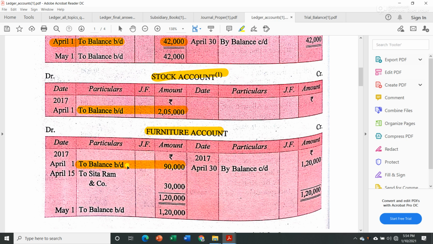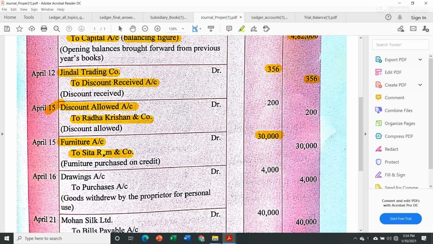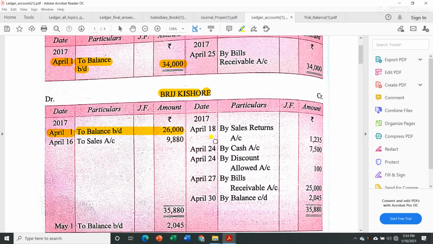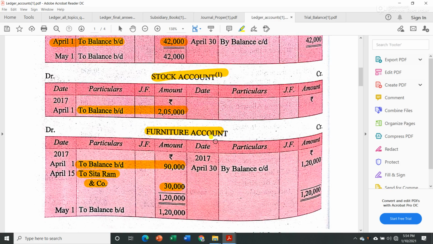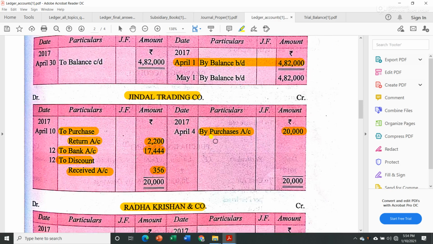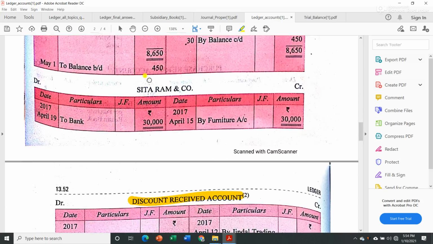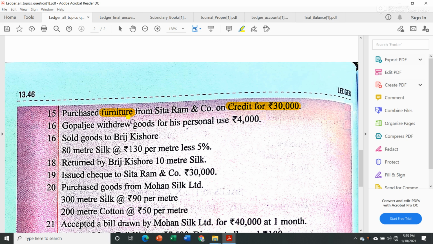Oh sorry, we already had a balance brought down of 90,000, so now we purchased from Sitaram, to Sitaram and Company rupees 30,000. Now next is Sitaram and Company. Let us see, do we have Sitaram and Company's account? Here, to Sitaram and Company. Here we will write by furniture account rupees 30,000. Finish.